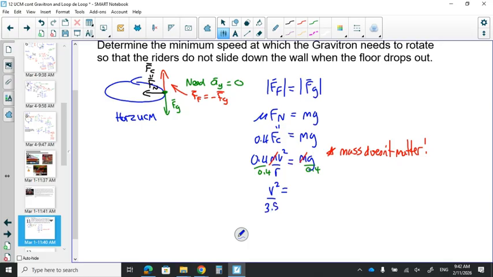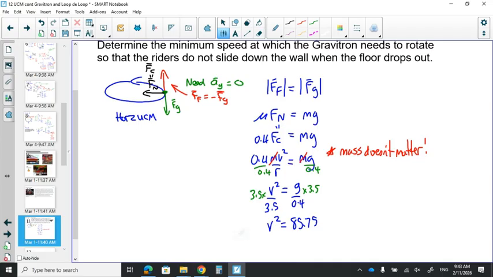And we have over here the g over 0.4. And we end up with what? Here's the result. We multiply both sides by the 3.5, and v squared equals all of that stuff multiplied out. V squared equals 85.75. Just calculate the numbers.